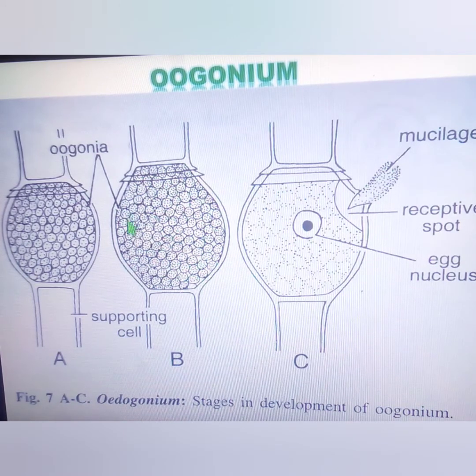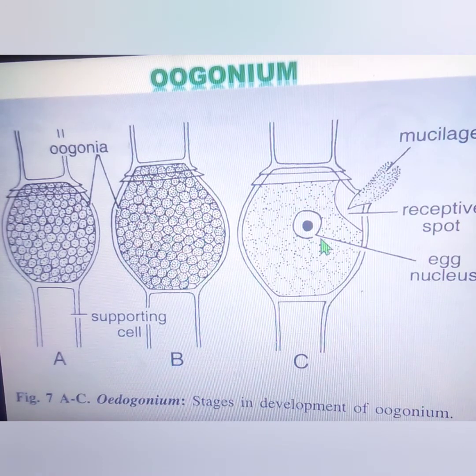As you can see in figure B and C, it swells and it becomes globose. And its protoplast, here in figure C, you can see the protoplast, forms a single uninucleate non-motile egg. The egg is non-motile. It cannot move. It remains in a single place.